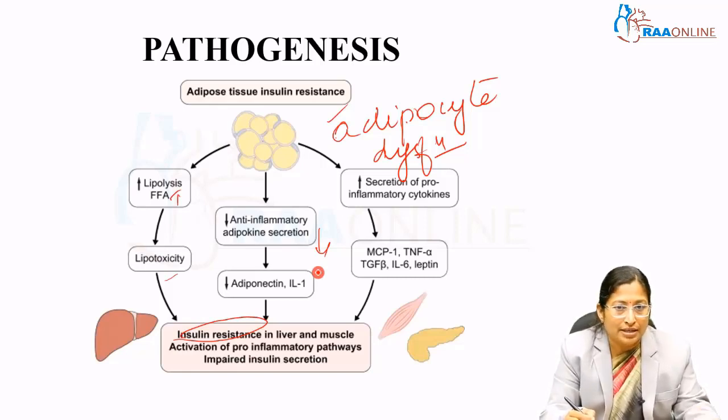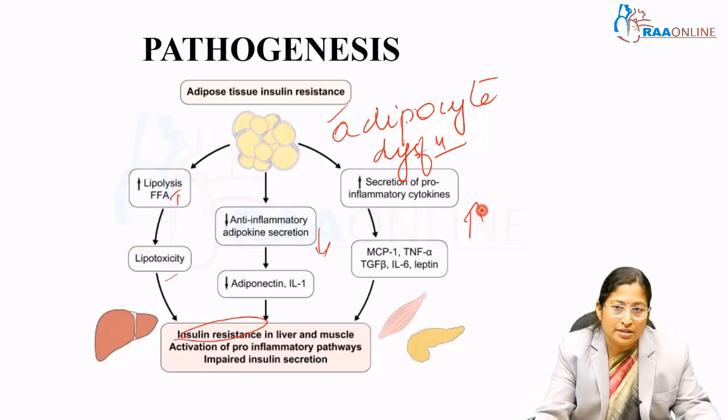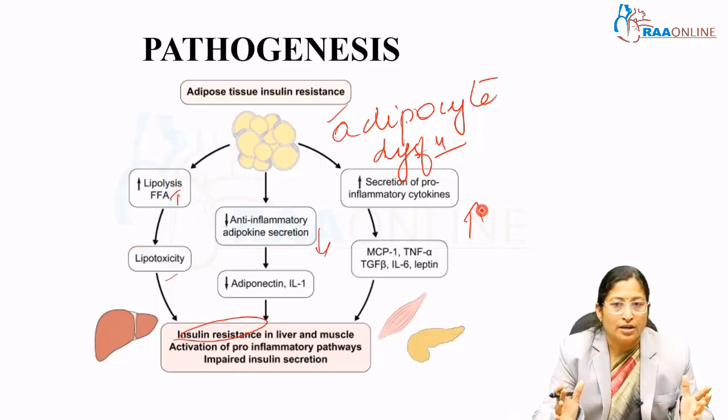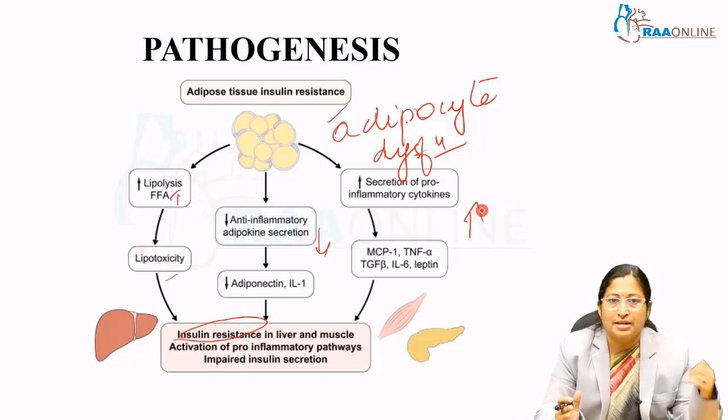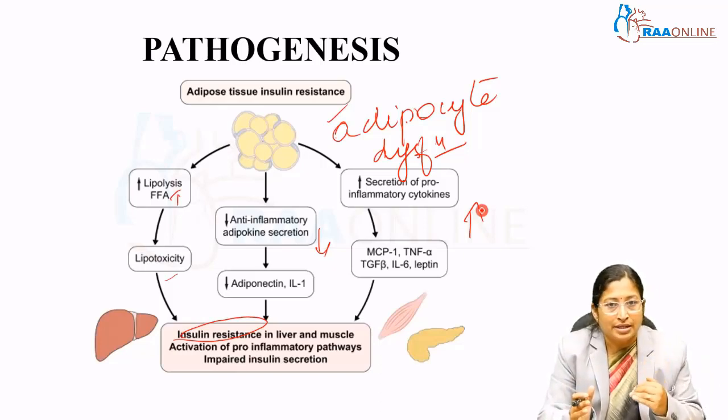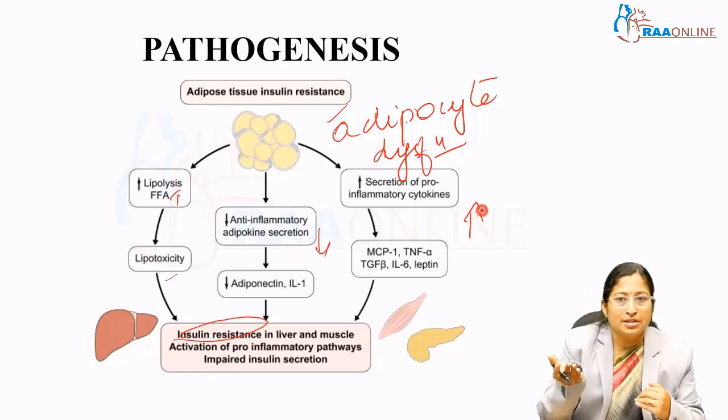So there is decreased anti-inflammatory adipokine secretion, and increased secretion of pro-inflammatory cytokines like TNF alpha, TGF beta, IL-6, leptin, etc. So there is an overall imbalance in the inflammatory markers, right? One, because of insulin resistance, there is increased lipolysis and increased free fatty acid production, and because of adipocyte dysfunction, there is decreased anti-inflammatory adiponectin and increased pro-inflammatory cytokines.